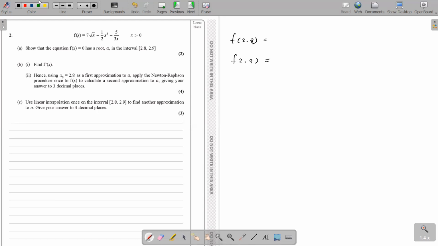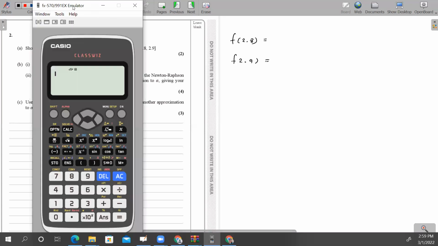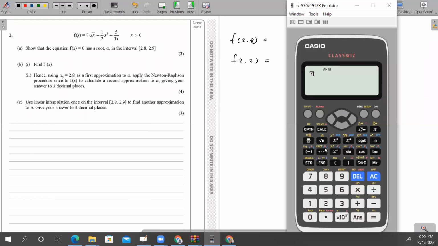So basically what you do is take your calculator and type the whole equation in one go. So you get here 7 root x, half x cube minus 5 over 3x.